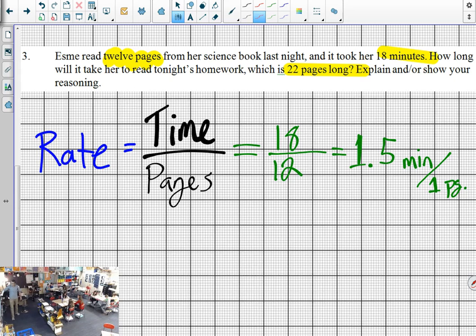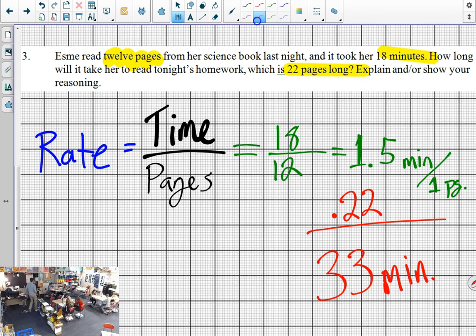So we multiply my 1.5 by 22, and our answer then becomes... questions on that? We had some confusion there. We got to work it with a rate. Rate is anything that involves the word per. Time per page.